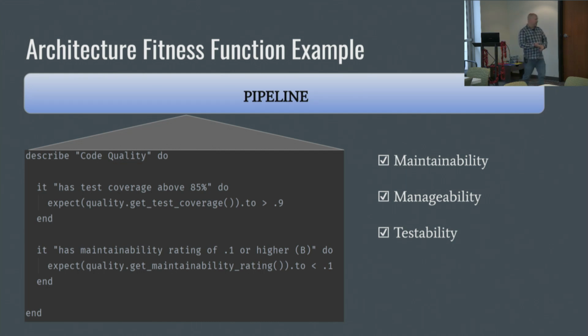I might throw a test in there that says if test coverage is 85% or below, or there's a maintainability rating of a B or lower, I don't want to pass the build. I want to fail this build. If that happens, I know that I need to evolve my architecture and make sure those tests pass so that I can get the build to production. That's just an example of an architecture fitness function.